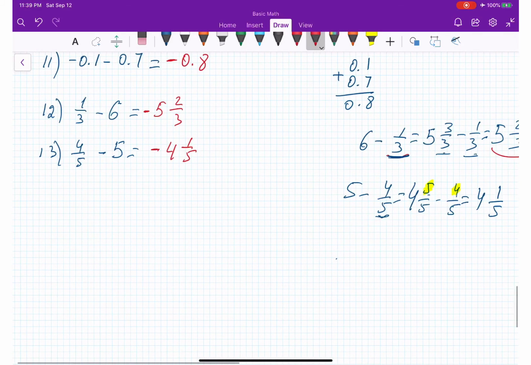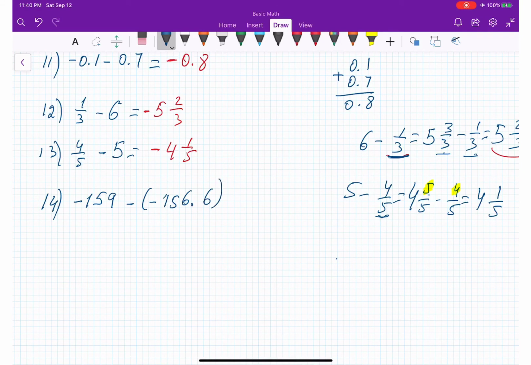Next one, number 14. Negative 159 minus negative 156.6.